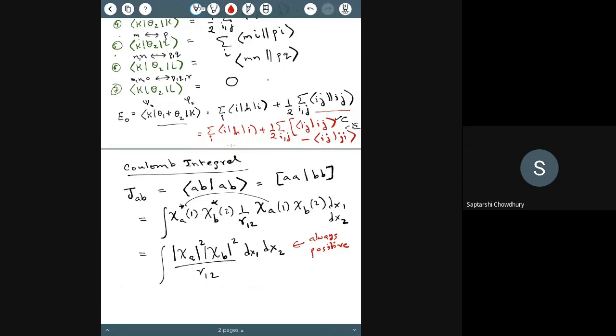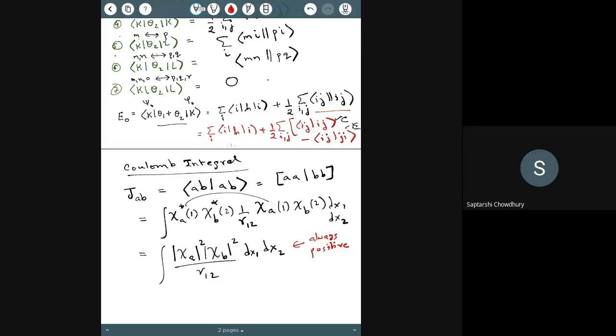So the only difference being that these are space spin coordinates, and in a normal Coulomb charge interaction, you would have just a spatial interaction, but it's largely analogous. And also, since you can factorize out the spin part from the spin orbitals and only have the spatial part, then you are left with exactly the same thing as the classical integral for charge-charge interaction.